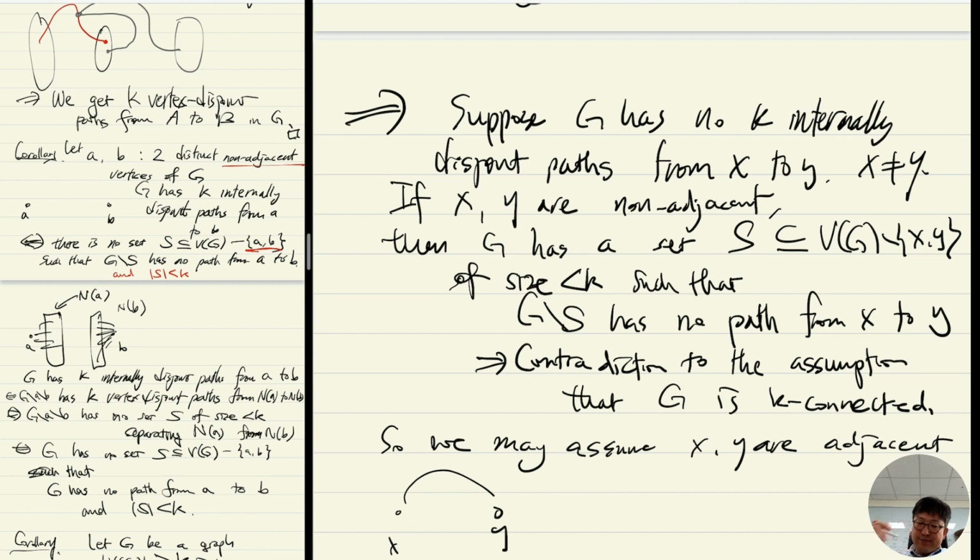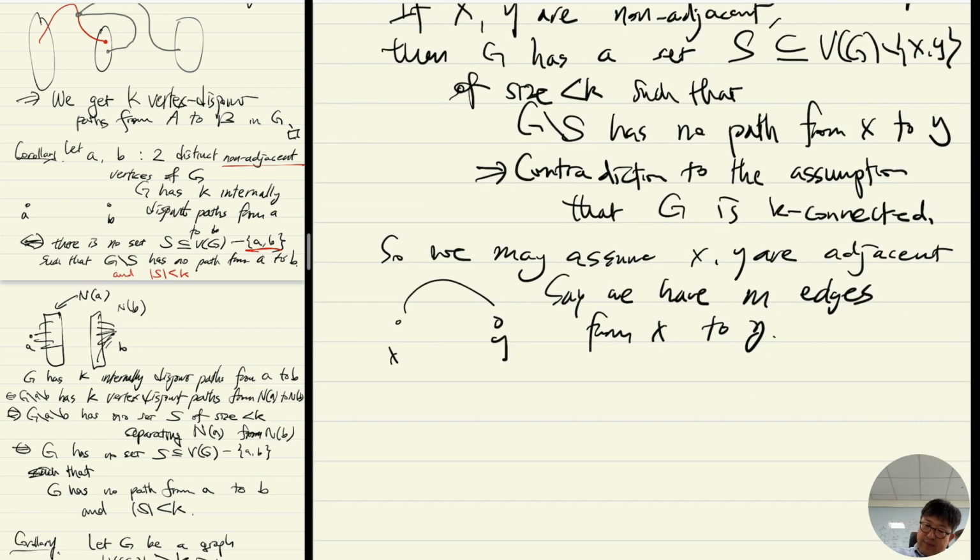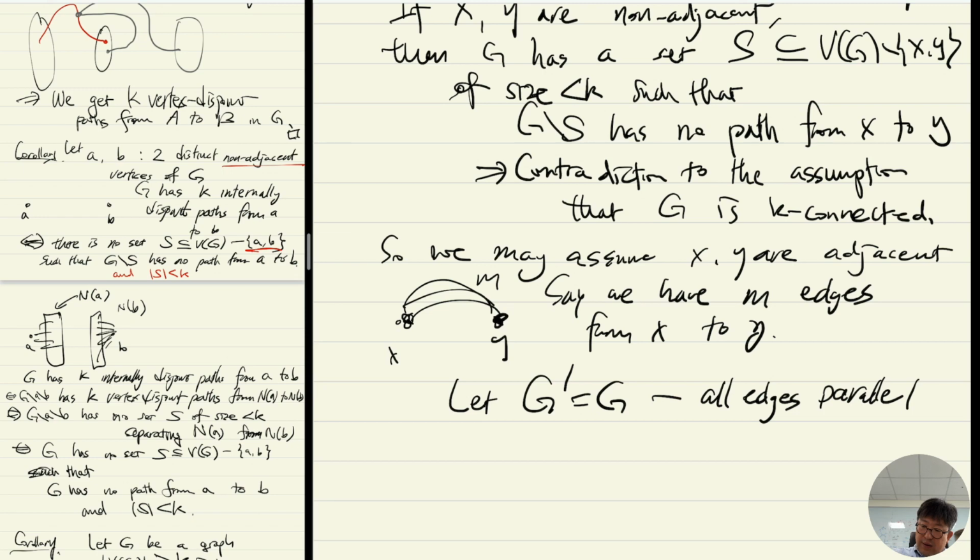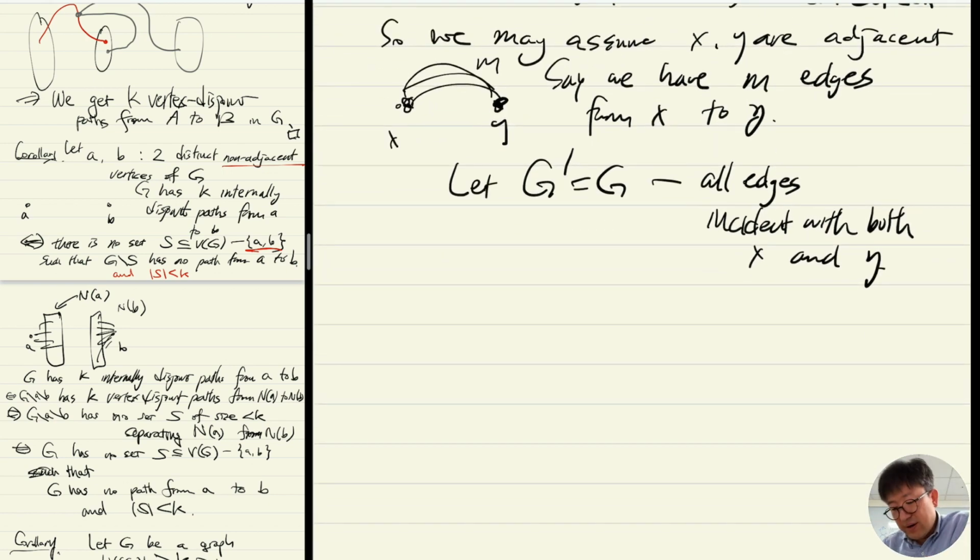And then let's say we have M edges from X to Y. Now let G prime be G minus all edges parallel, incident with both X and Y. So this is a smaller graph.